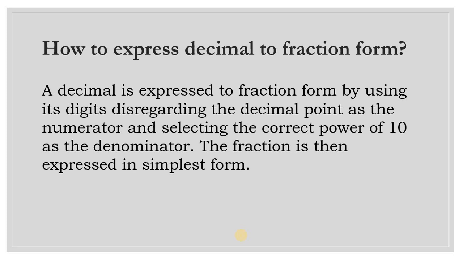How to express decimal to fraction form. A decimal is expressed to fraction form by using its digits, disregarding the decimal point as the numerator, and selecting the correct power of 10 as the denominator. The fraction is then expressed in simplest form. So, paano ba yan?